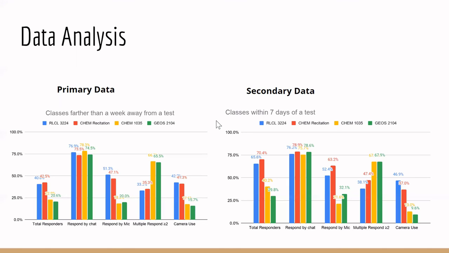Assumingly, this is because more students actually care about the course materials since there was a test right around the corner. So in our final plan, we took account of this and decided to use this as our secondary data. Now, as hypothesized, we can see that overall, there was more interactivity in these test review lectures since more students started to cram for test material.